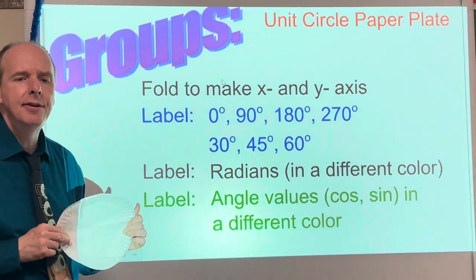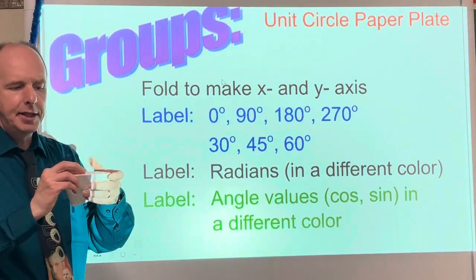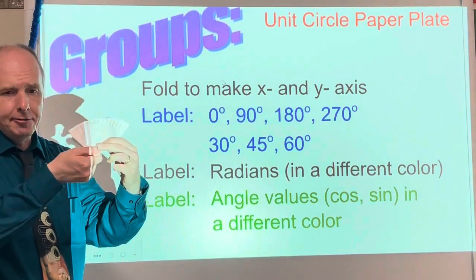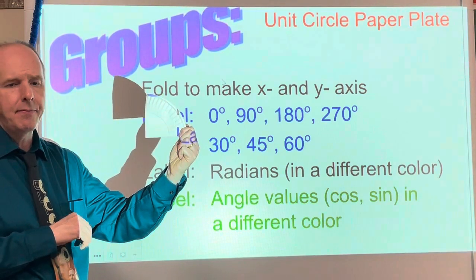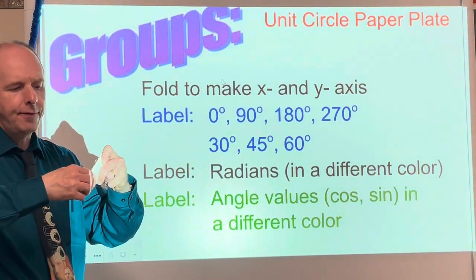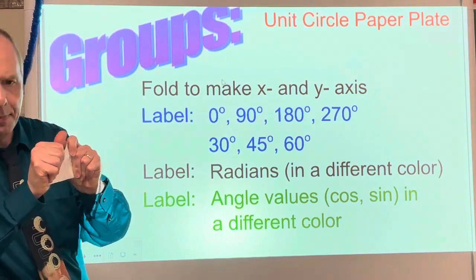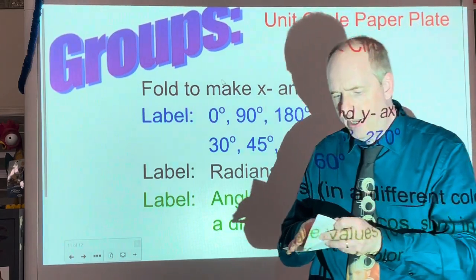How do we get 45? Well, you take your plate that's folded into quarters, right? This is your 90 degrees that we made. Fold it in half, you'll get your 45s. So, there's a 45.